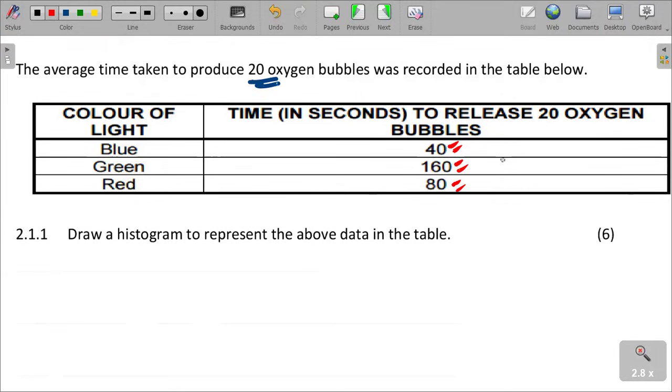So when we are drawing a histogram, the question is data presentation. When you are given this question, you should always know that there is always a title. So what is the title of this histogram? We need to look at the amount of time in seconds to release 20 bubbles of gas in different colors.